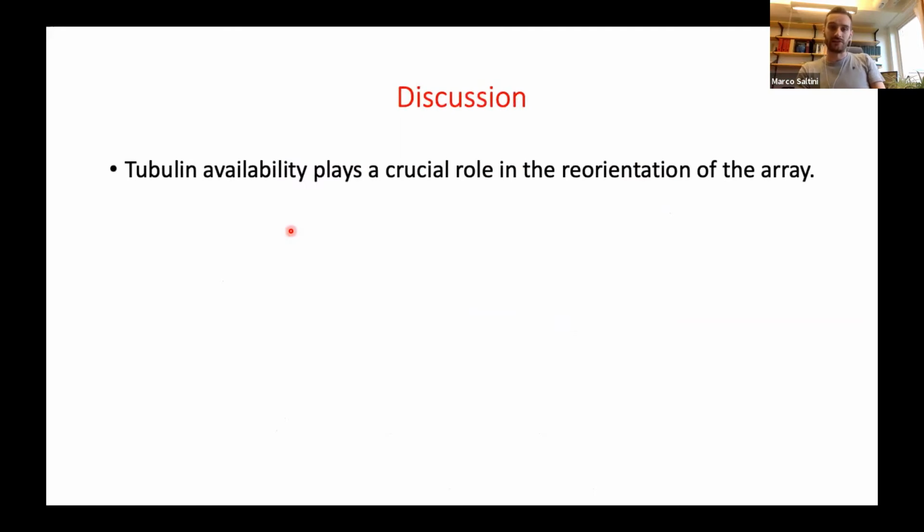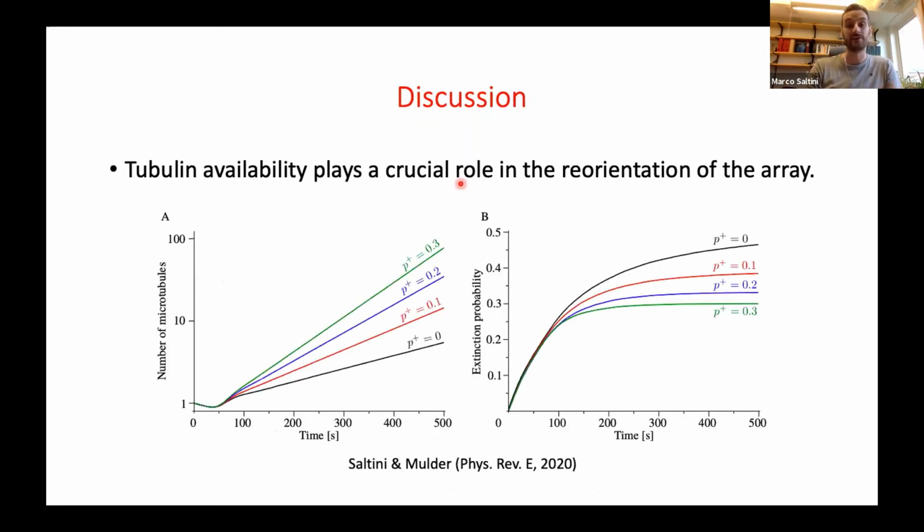But now, let me try to sum up a little bit. First of all, the first important point is that scarcity of tubulin is very important for this mechanism to occur. Indeed, in a previous work, we studied this system in case tubulin was available in abundance, basically until the end of the process. In this case, what we could observe is that the number of microtubules grows exponentially without ever ending.